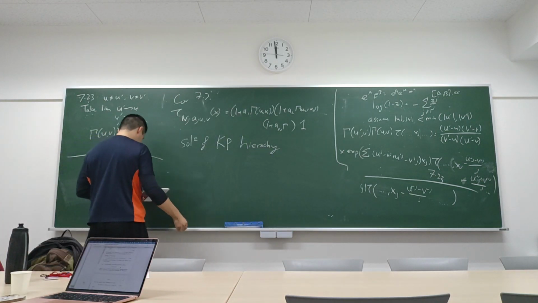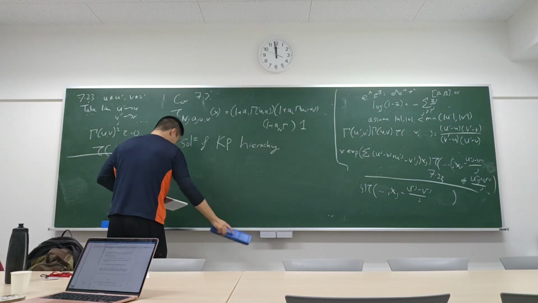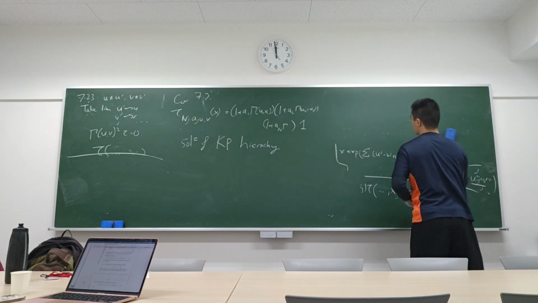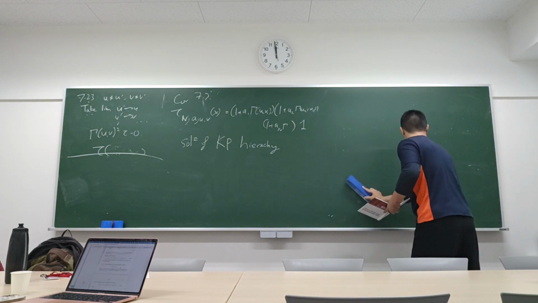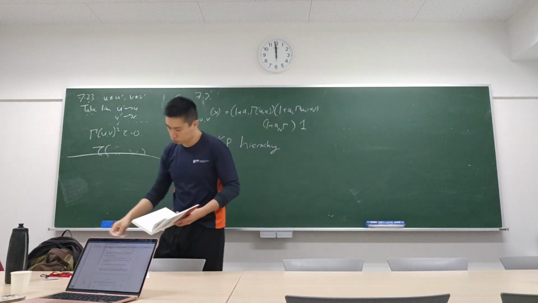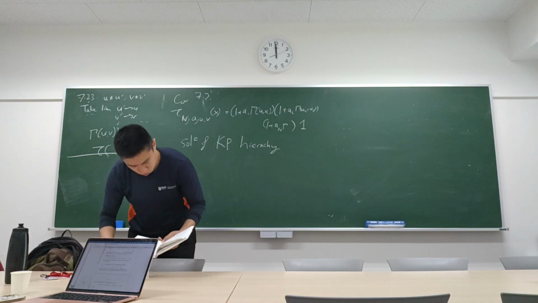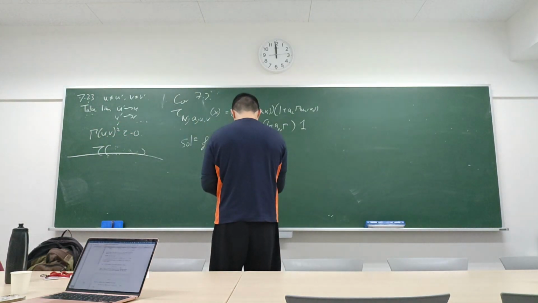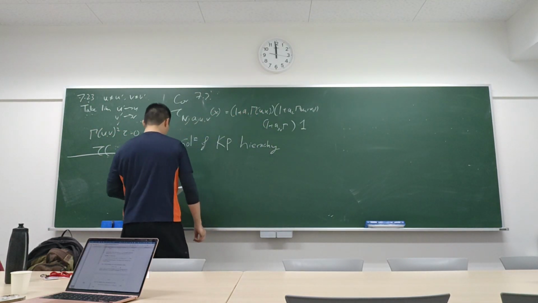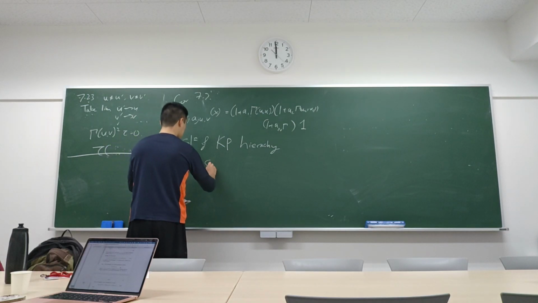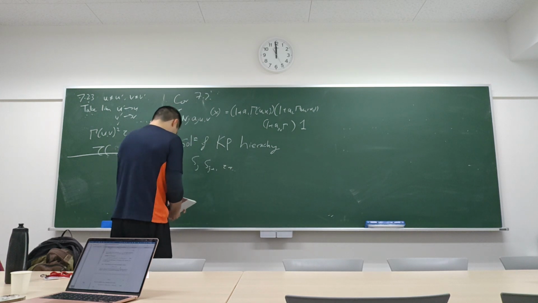Okay, of course, now we have to show that it is. So the KP hierarchy, from this previous equation we had of this S_{j+1} tau thing.